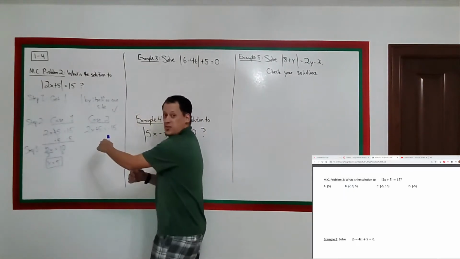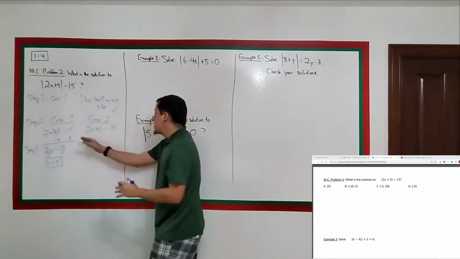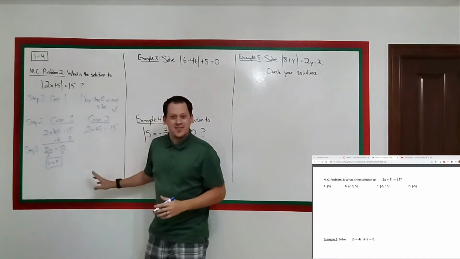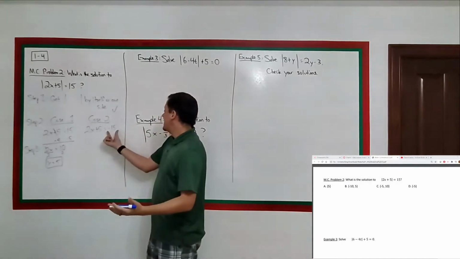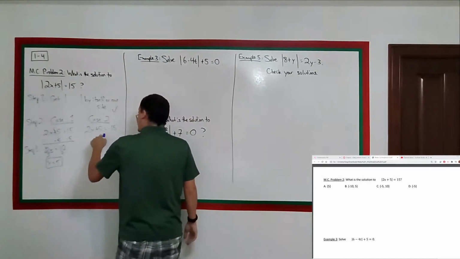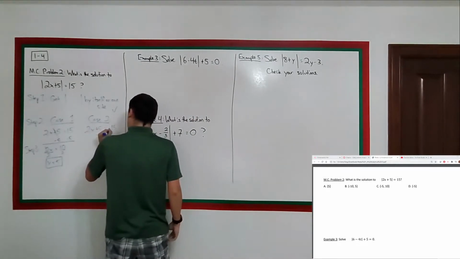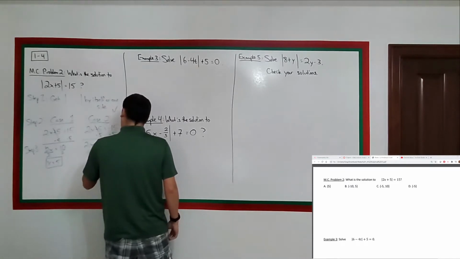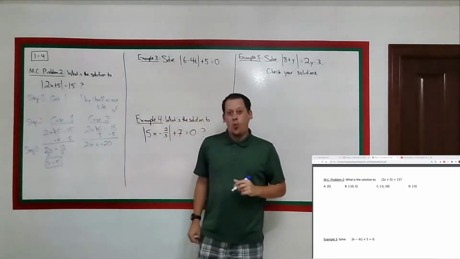The reason I like doing it this way, where I get both solutions first, the steps we took here to get x by itself, they're the same steps. But since this is a negative 15, we're going to get a different value for x here. We subtract 5 first. This is going to give us negative 20 this time.